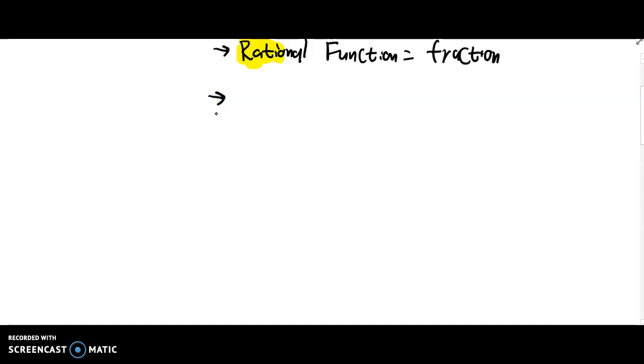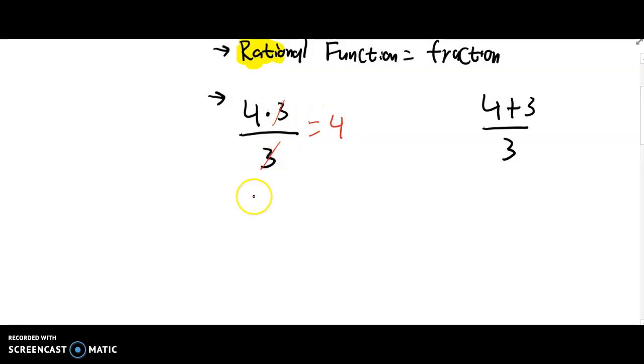Our guiding principle today is that we can cancel numbers when they're being multiplied, but not when they're being added. So we can see this and we can see, okay, great, cancel, I get 4. Another way to prove that is if we multiply 4 times 3, we get 12 over 3. It's also 4.